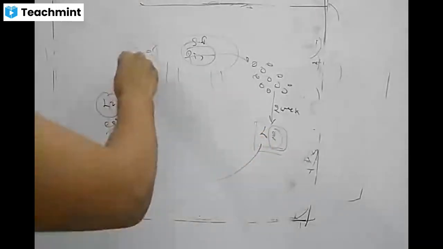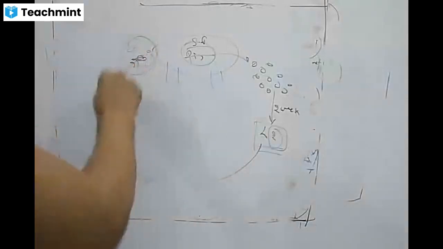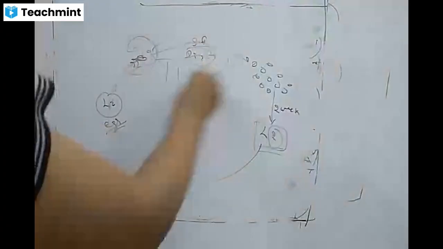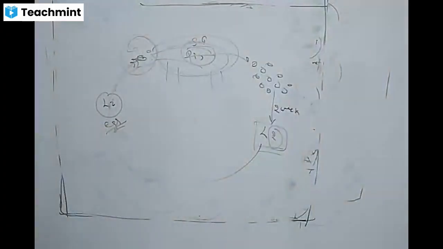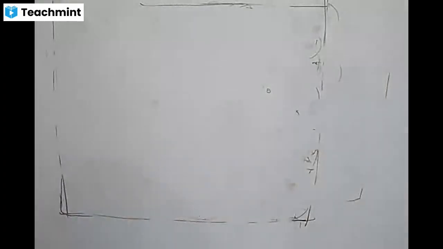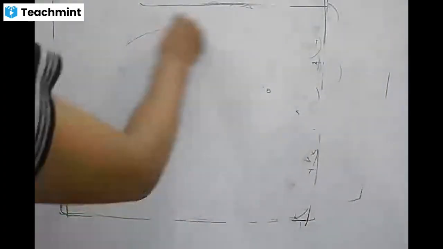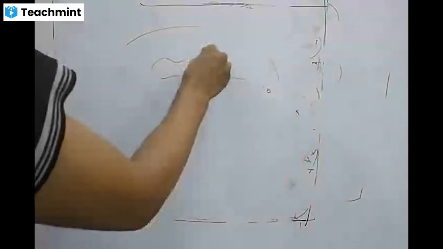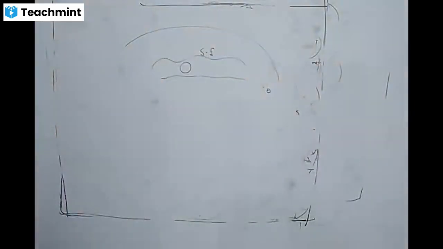It is ingested with food and water, and then it will enter into the body of the pig. Where will it enter? It will enter into the small intestine. So this is the egg.